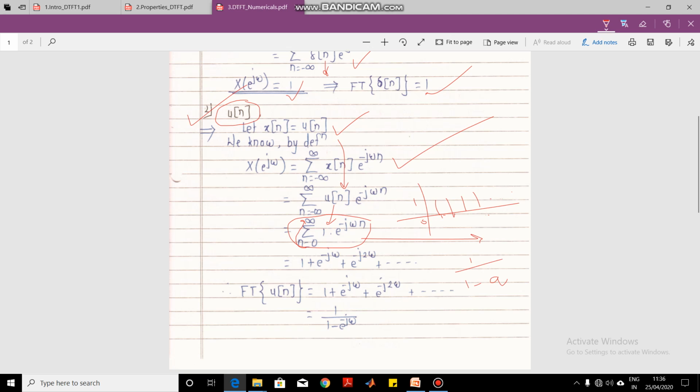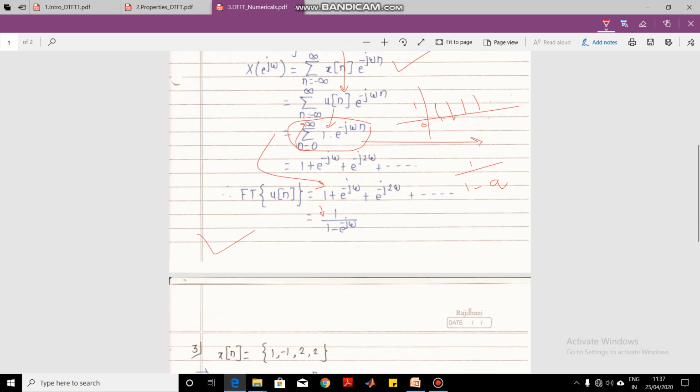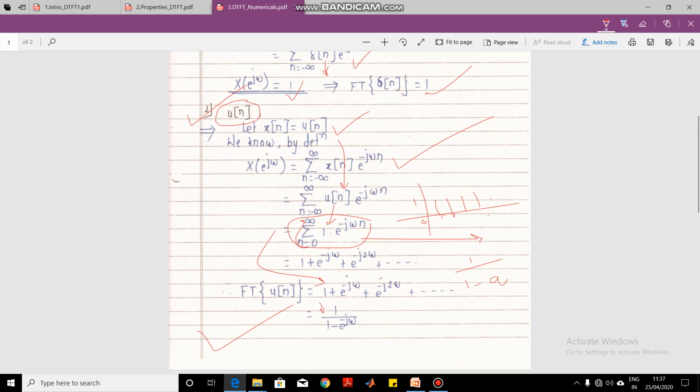So I can write this summation as 1 upon 1 minus a, where a is e raised to minus j omega. So this is my result. We see that the frequency domain representation of u of n is 1 upon 1 minus e raised to minus j omega.